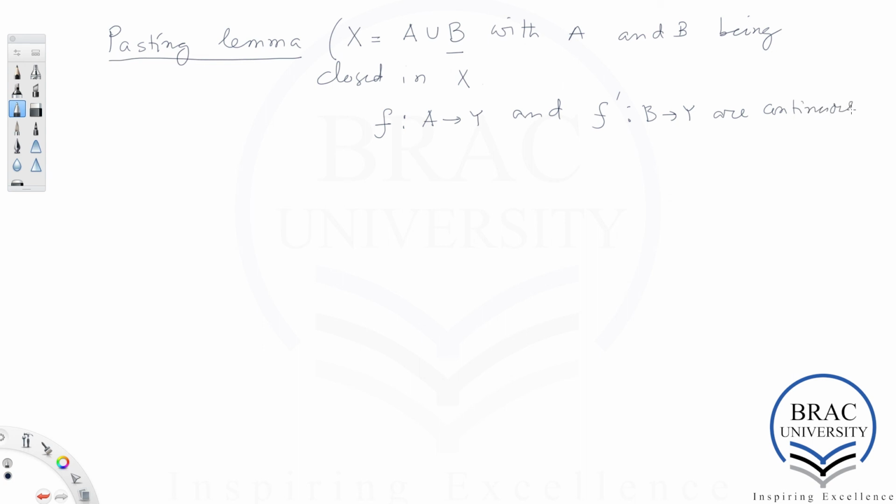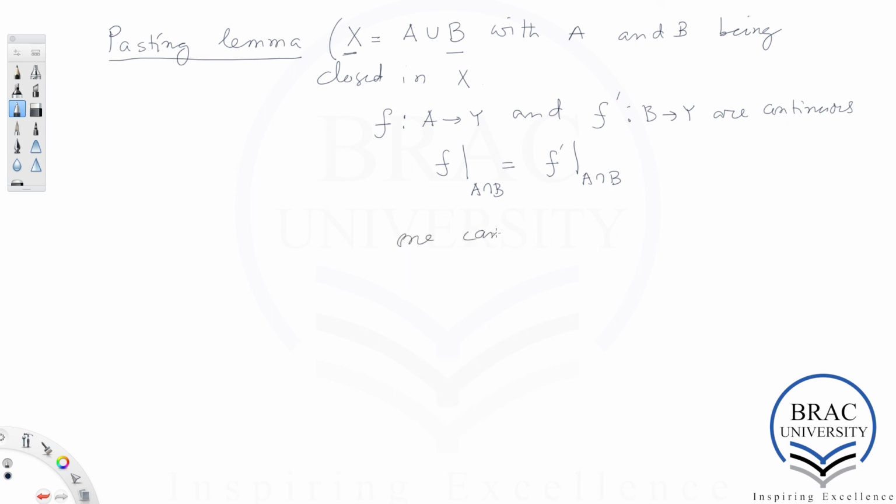Pasting lemma. If X is a topological space that can be written as the union of two closed sets A and B, both closed in X, and F from A to Y and F prime from B to Y are continuous, and also F and F prime agree with each other on the intersection of A and B, then one can construct a continuous function on the whole space using these two component functions.